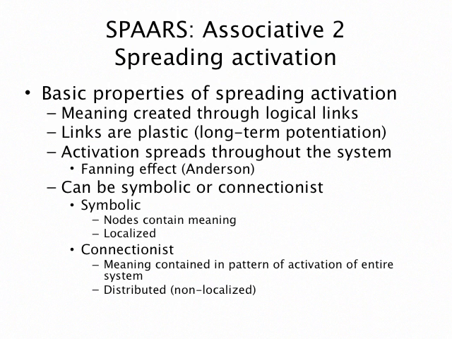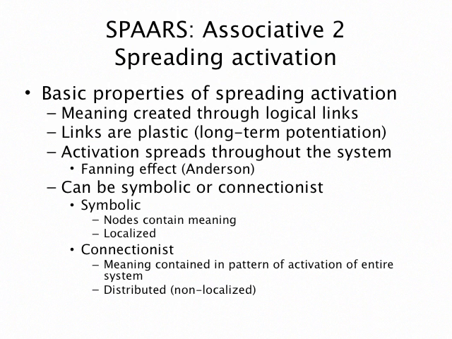And activation spreads throughout the system, following a fanning effect. We heard about Anderson's fanning effect, where it's like ripples in a pond. The activation is strongest when there are fewer links. It's like an irrigation system, essentially. So the fewer links there are from one node, the stronger the activation is when it spreads from that node, and the further it gets away, like ripples on a pond, the more it sort of fades out.